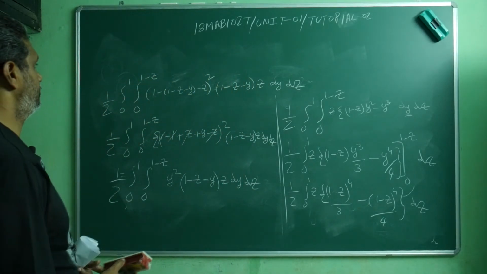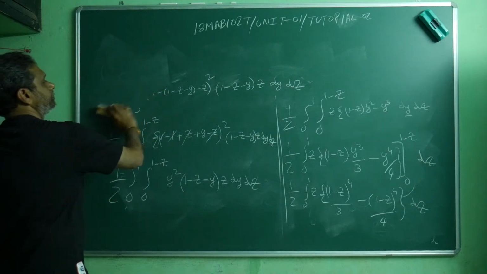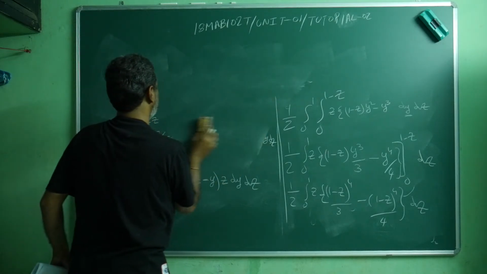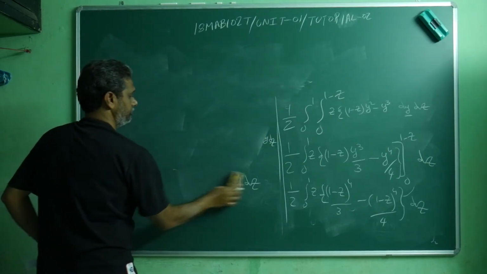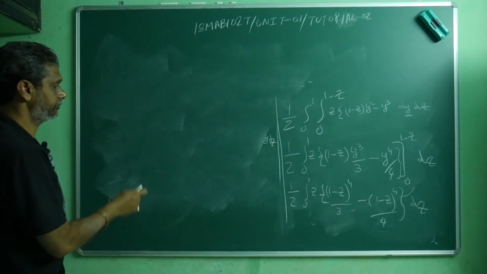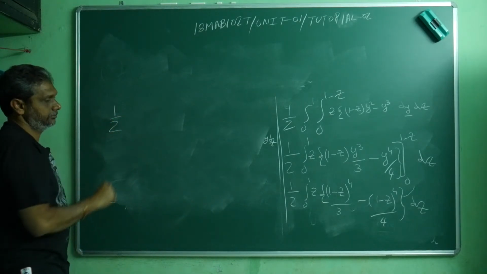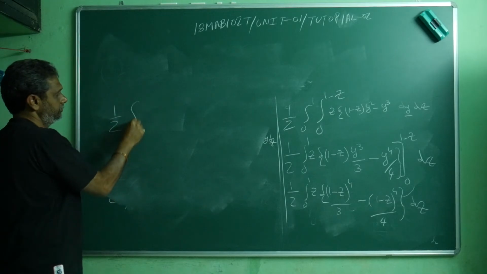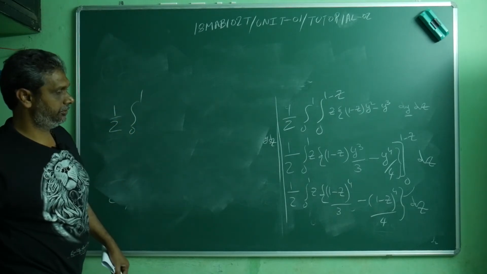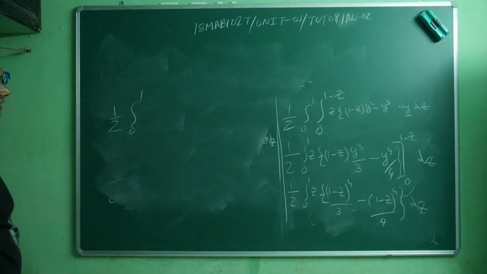Now simplify this, what you will get? Zero to 1. This is 3, 4. If you take LCM, 12.